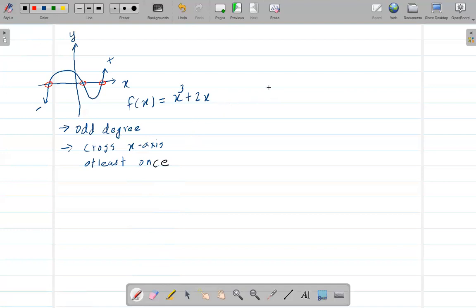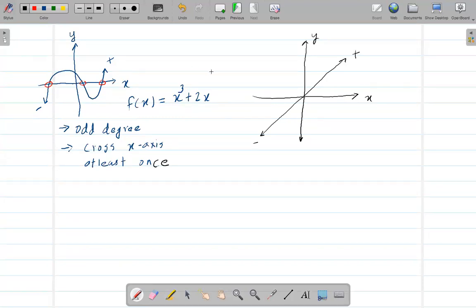So that means the graph might be something like this as well. If we have a straight line, it is similar to this condition. On the left-hand side, it is approaching towards negative on the y-axis, and on the right-hand side, it's approaching towards positive.